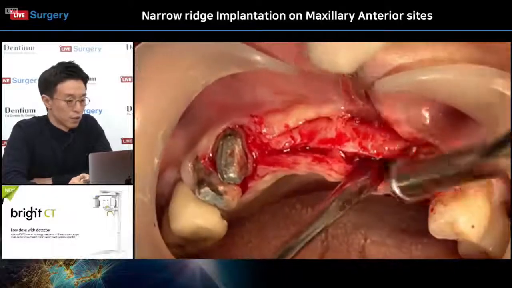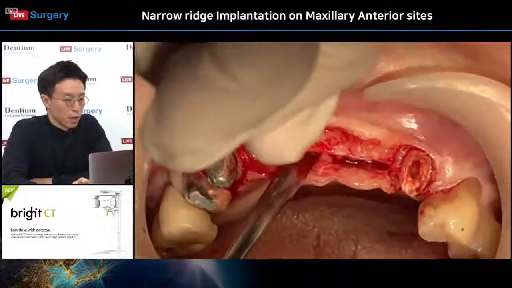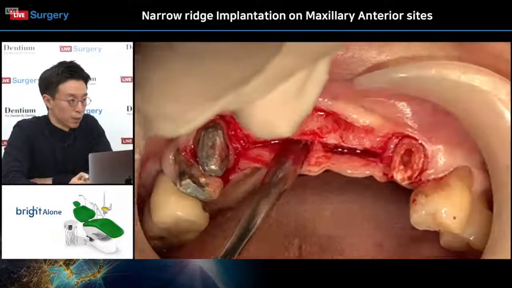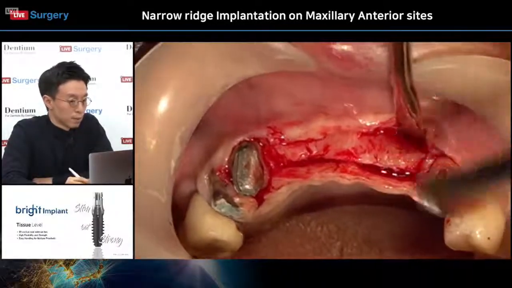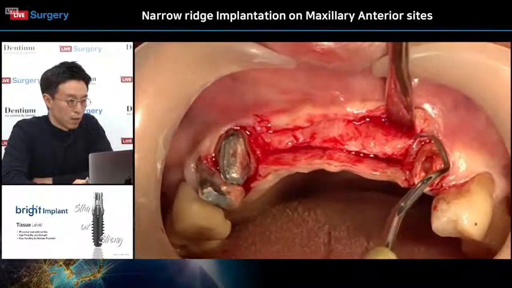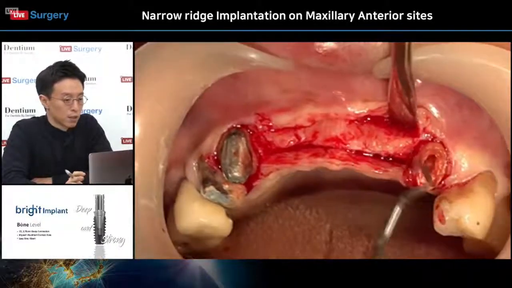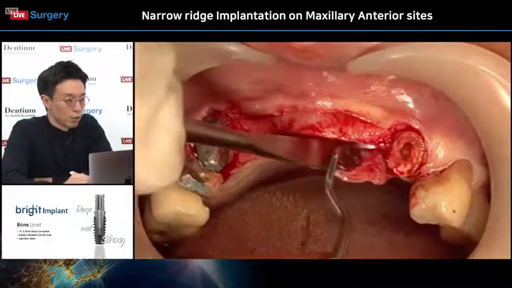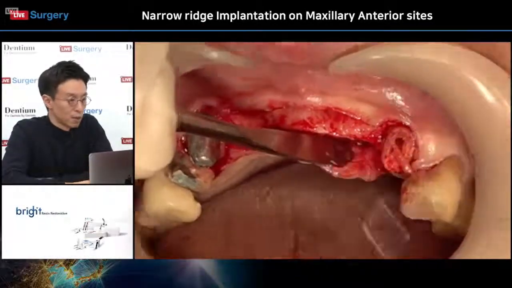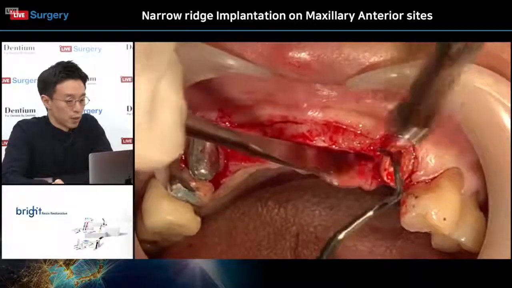The incision should be made on the palatal side of the expected drilling point. I recommend placing the crest incision slightly towards the lingual or palatal side of the expected drilling point.